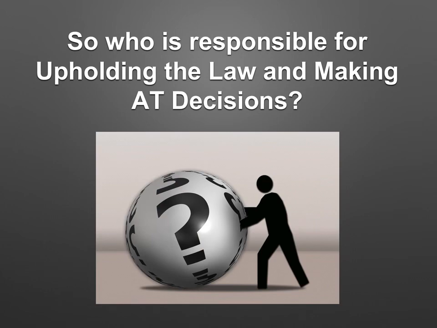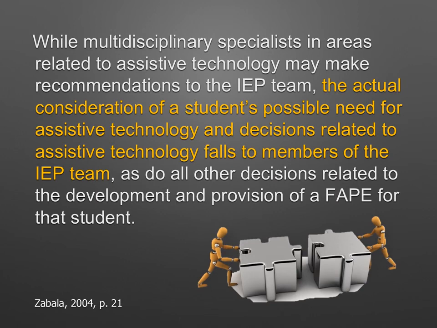So who is responsible for upholding the law and making AT? According to Zabala 2004, while multidisciplinary specialists in areas related to assistive technology may make recommendations to the IEP team, the actual consideration of a student's possible need for assistive technology and decisions related to assistive technology falls to members of the IEP team, as do all other decisions related to the development and provision of a free and appropriate public education for that student.